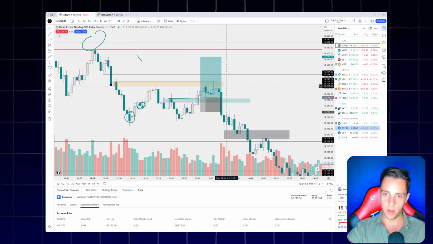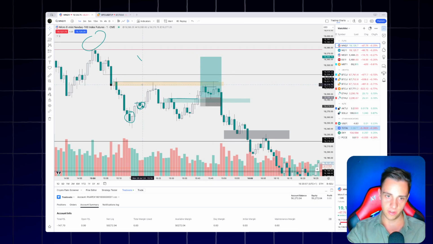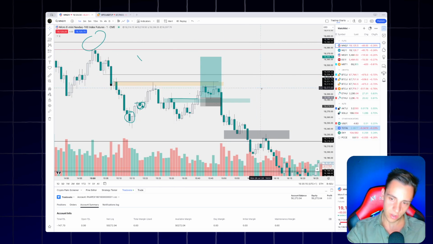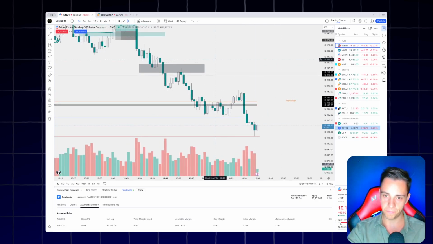So I'm thinking if we don't close above here, I'm moving my stop loss to here so that I can still have a little bit of runway in case price goes into drawdown and then goes back higher again. But I don't like this 1 minute order block getting respected and these highs getting swept in this reaction, which ended up being the right call as we sold off bearish up until now.